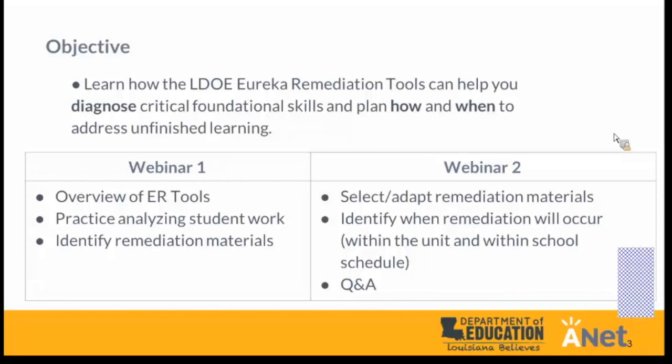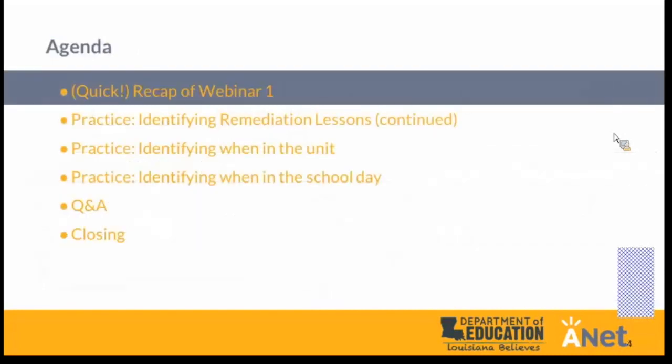Today, we are going to revisit those remediation materials to talk about which portions we would use. We're also going to talk about when remediation can happen, both within the module unit and within our school schedule. And we'll wrap up with some Q&A, both questions that were submitted on Monday as well as anything else that occurs today.